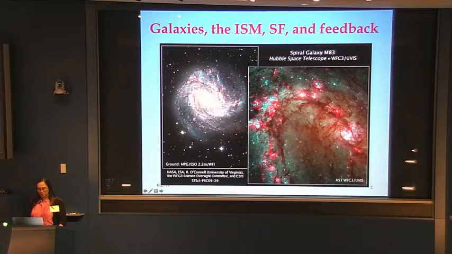But just to say where we're going, in my second lecture, I'll be talking about how star formation actually takes place within the dense gas, these star-forming regions in the dense gas. And in my third lecture, I'll be talking about the feedback from star formation.